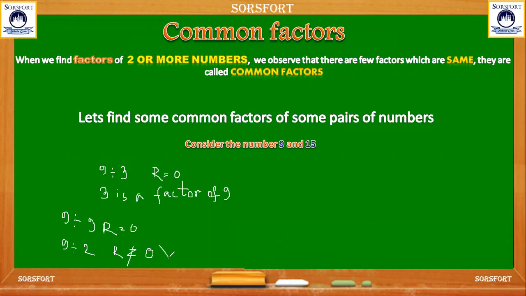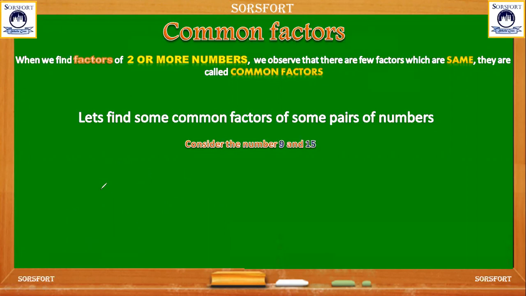So I can't say that 2 is a factor of 9. So finally, the factors of 9 are 1, 3, 9.